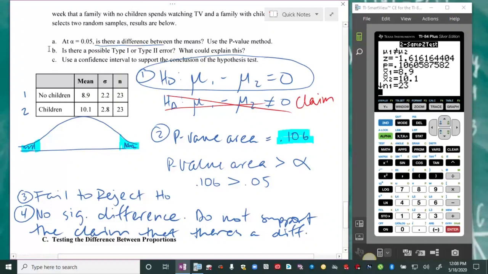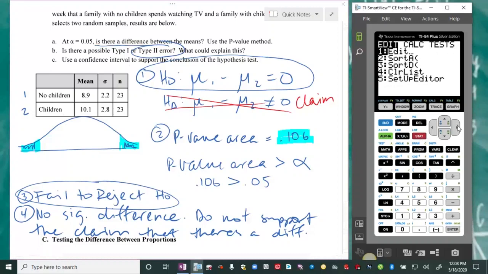I'm just going to talk through parts B and C. So is there a possible type 1 or type 2 error? We failed to reject, which means that there's a possible type 2 error. We can also use a confidence interval to support this conclusion. So we do that by going to stat and then tests, looking for that 2 sample Z interval.